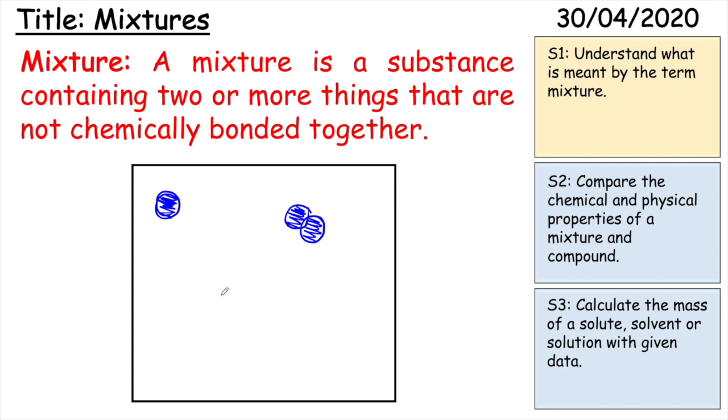Or you could have a compound. So remember, a compound is 2 or more different elements. That's why I'm doing different colours. So this would be a mixture of substances. You'd have your atom here, an element here, and then a compound here. Now notice that the atom, element and compound, they're not all bonded together, they're a mixture.